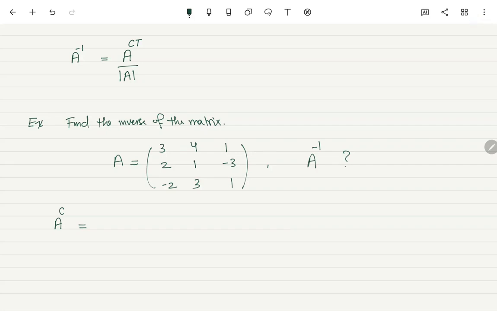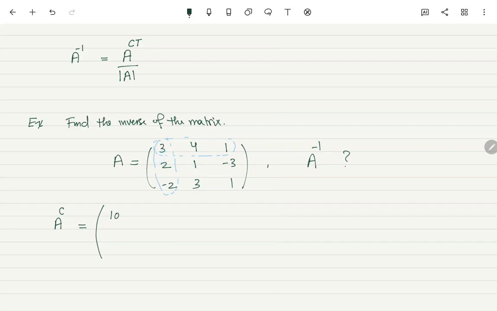As in determinants, when you cover the first row and first column, the cofactor for element 3 is this: 1 times 1 is 1, minus 3 times minus 3 is 9. So 1 plus 9 is 10, which is the cofactor for element 3.